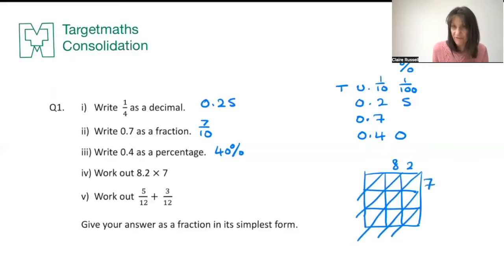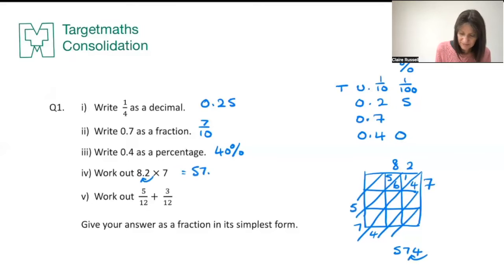And it doesn't take 5 seconds to pull it together. 2 times 7 is 14. 8 sevens are 56. Out drops the 4, out drops 7. And you've got 5, 7, 4. Now, remember, we are coming in one place because of the question. So my final answer is 57.4.